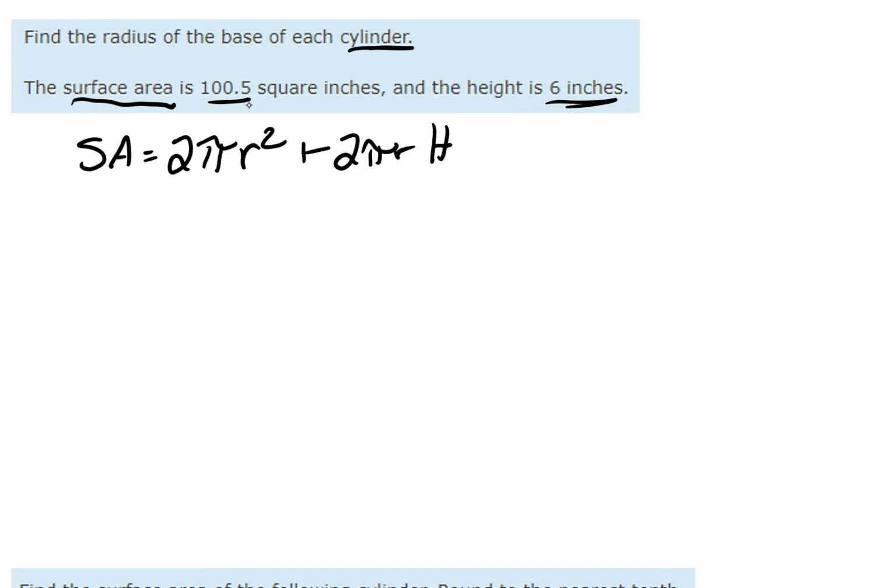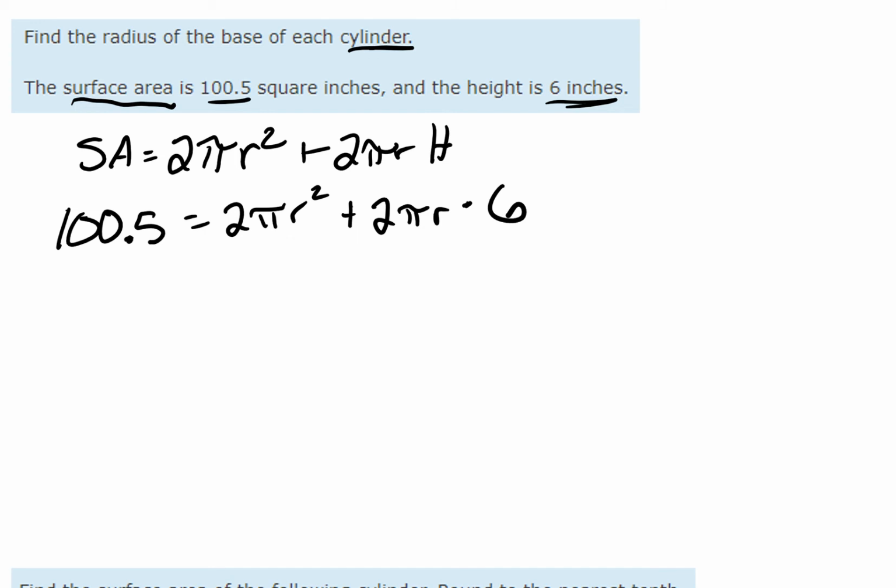Now let's plug in what we know. We know we have 100.5 for the surface area. We know we have 2 pi r squared. We do not know the radius yet. That's what we're trying to find. Plus 2 pi r times the height, which is 6.